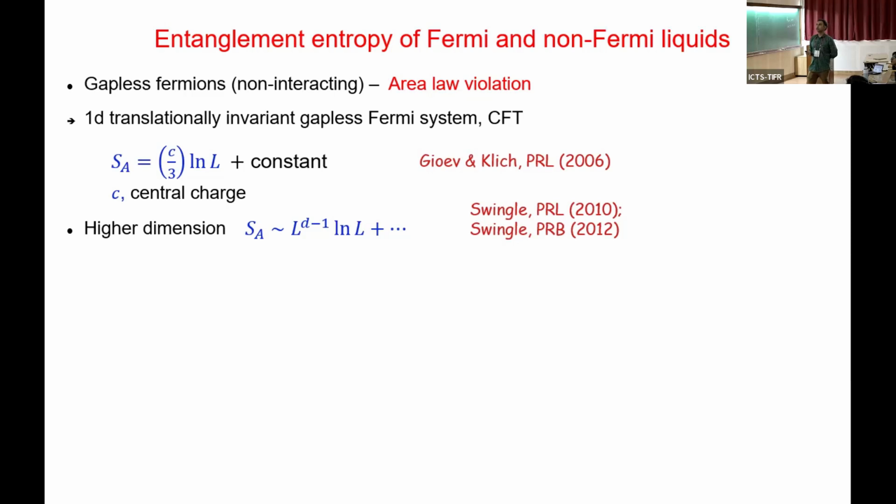I told you already that if you have gapless interacting fermions in 1D, like a Luttinger liquid, or a non-interacting free Fermi gas, you get this general result. Interaction doesn't have any effect on this result in one dimension. And in higher dimensions, as I also said, there is no proof, but people believe that there is no effect. This coefficient is also fixed by that same thing with some geometric factor.